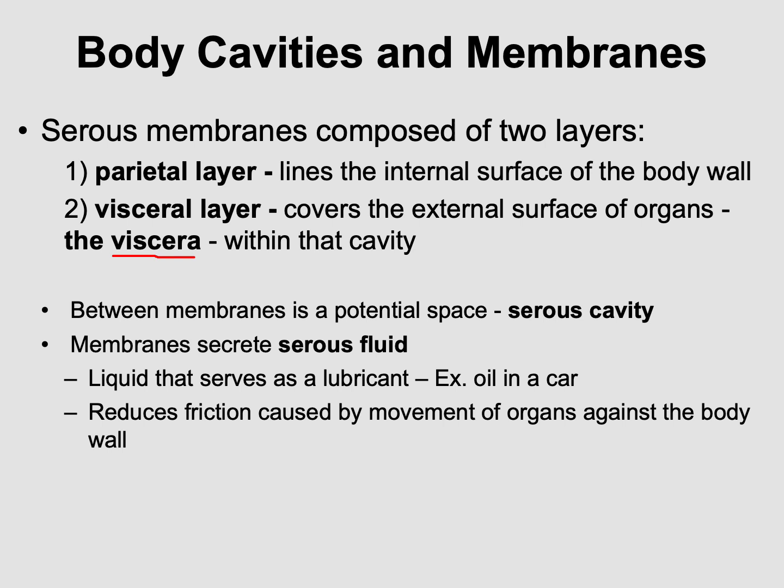So this layer sticks on the inside of the cavity. On the other hand, we've got the visceral layer, which covers the external surface of the organs. So the visceral layer covers the organs from the outside, and this layer houses the viscera.